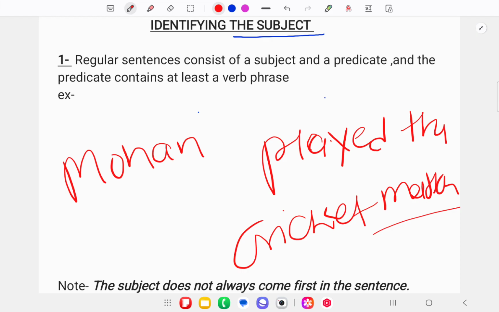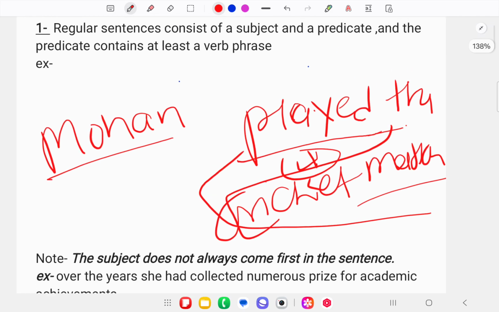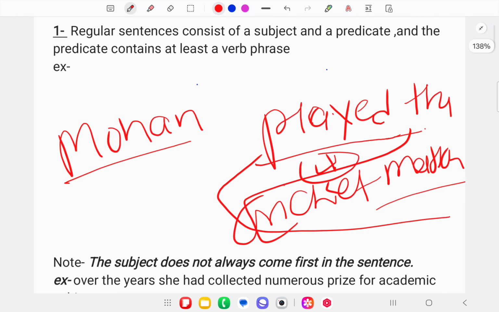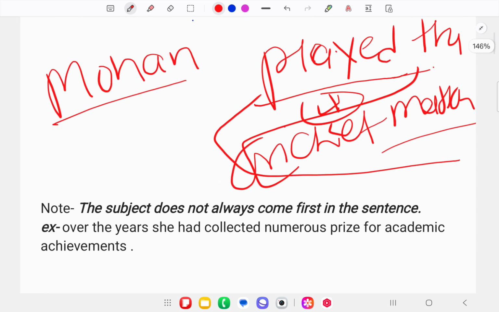Here we can see that regular sentences consist of a subject and a predicate, and the predicate contains at least a verb phrase. This is the verb phrase.